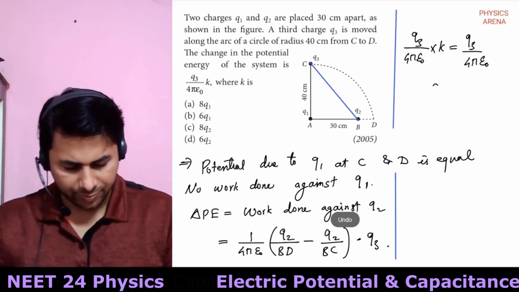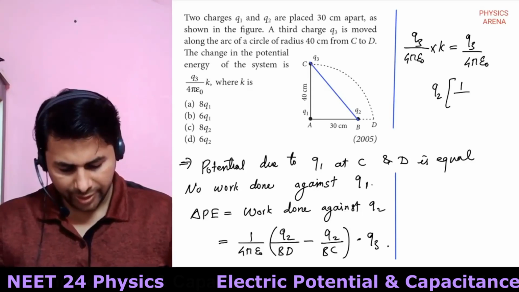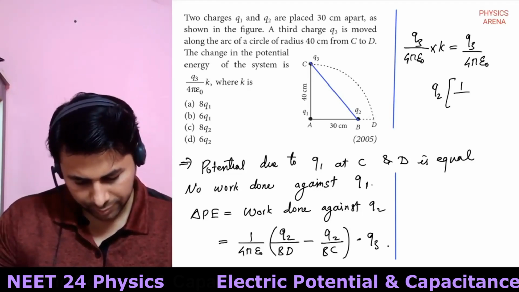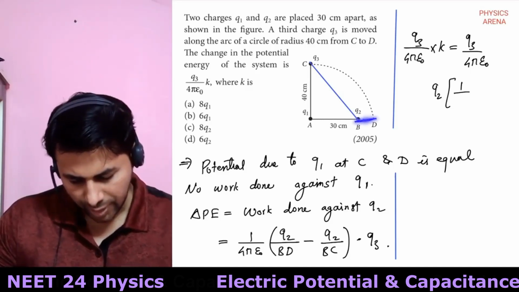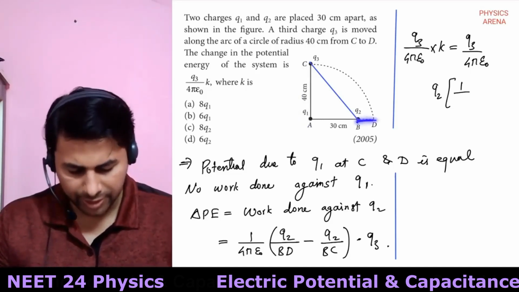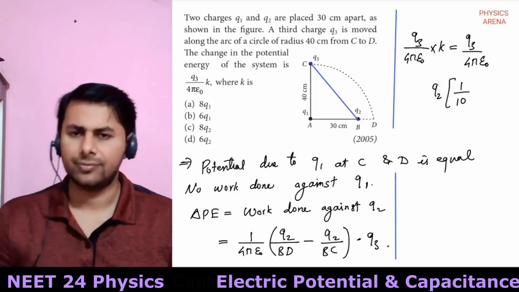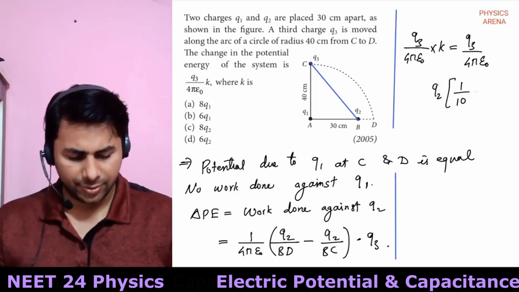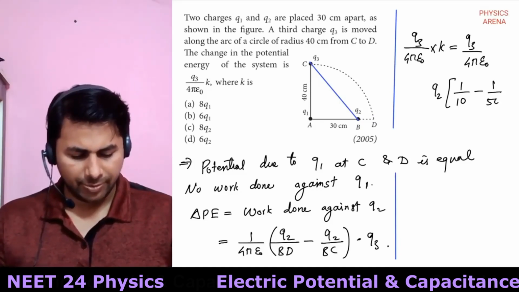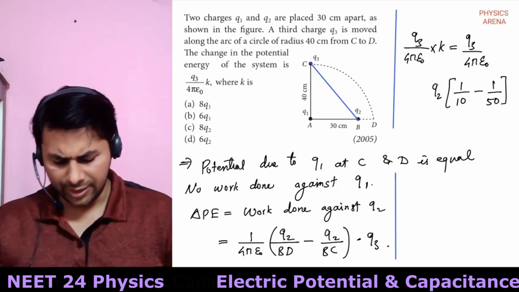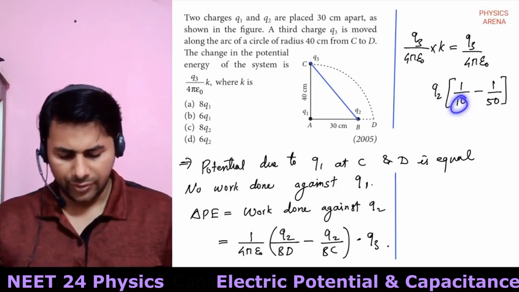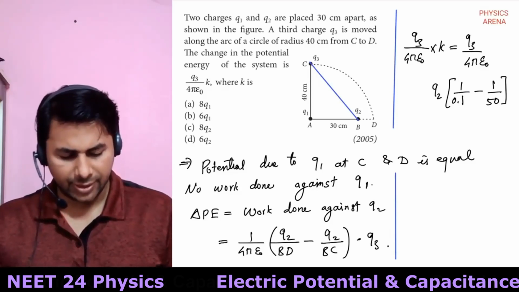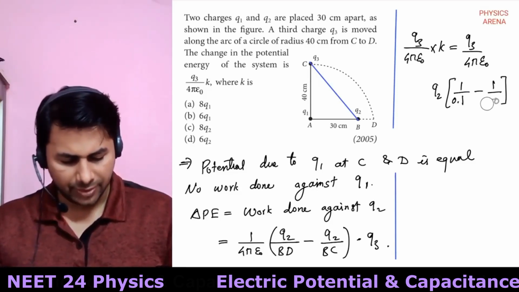Q2 we can take common. 1 upon BD, BD is 40, and this much distance is 10, right? Minus 1 by 50. But these are in centimeters. So we can say this is 1 upon 0.1 in meters, and this is 0.5 in meters.